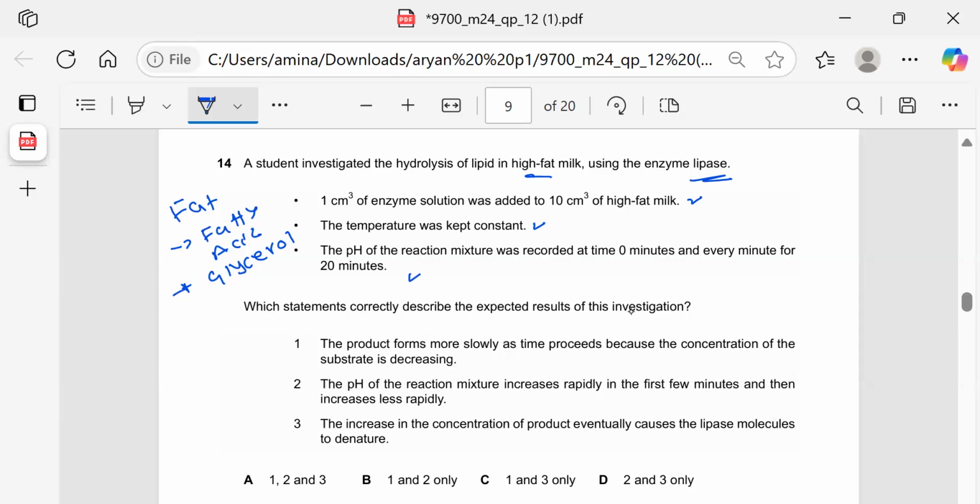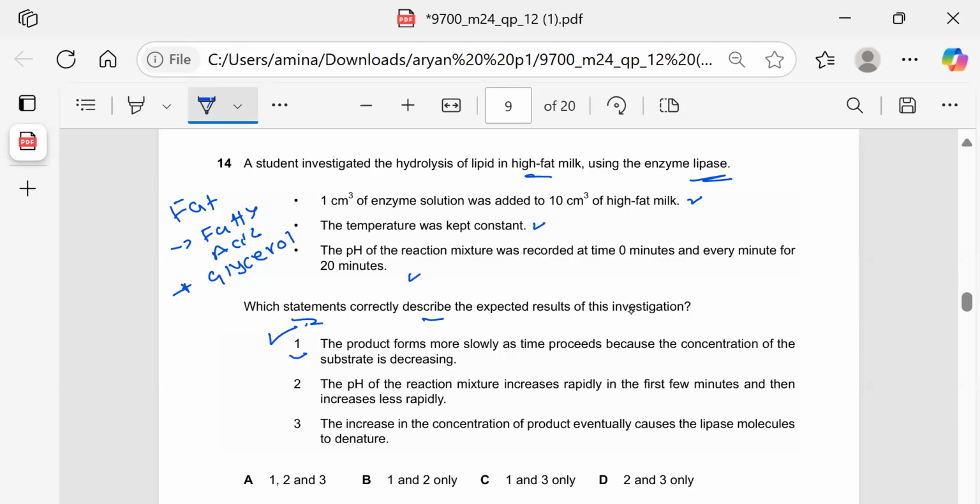I have no information of this, but I know that this happens because enzyme activity is affected by 4 factors: substrate concentration, enzyme concentration, temperature, and pH. So yes, I can describe, because over here they're asking you to describe. Yes, so it is correct.